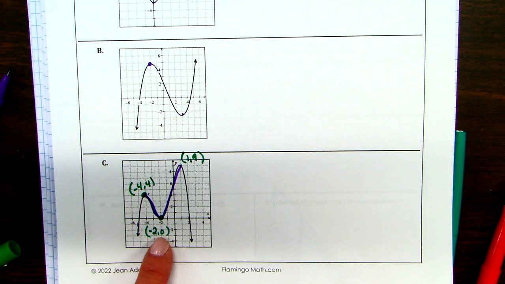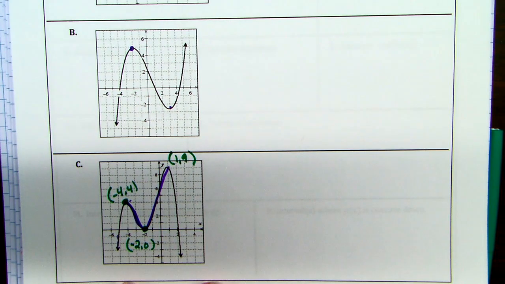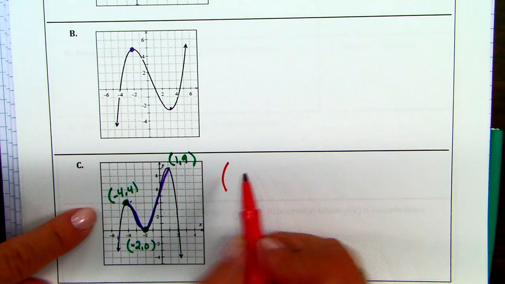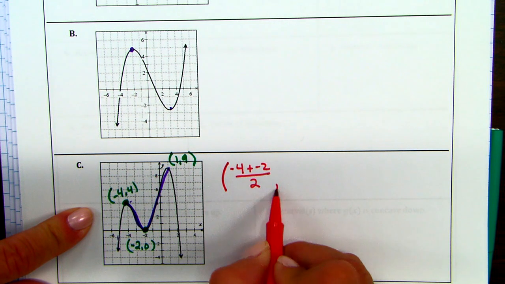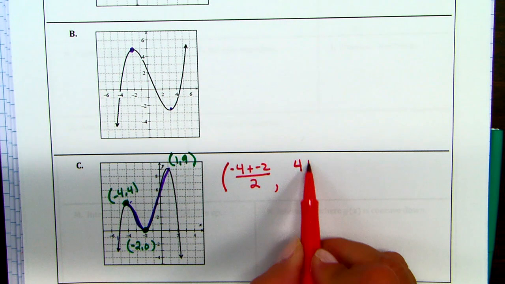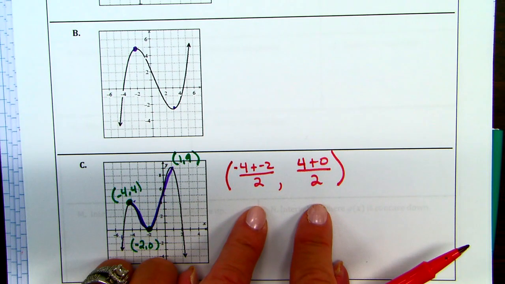Okay, so I need to identify those points, and then I can find each of the POIs. So let's find, it doesn't matter which one you do first, (-4 plus -2) divided by 2. That will give me my x value. And (4 plus 0) divided by 2. Right? I just wrote it in the form of an ordered pair.